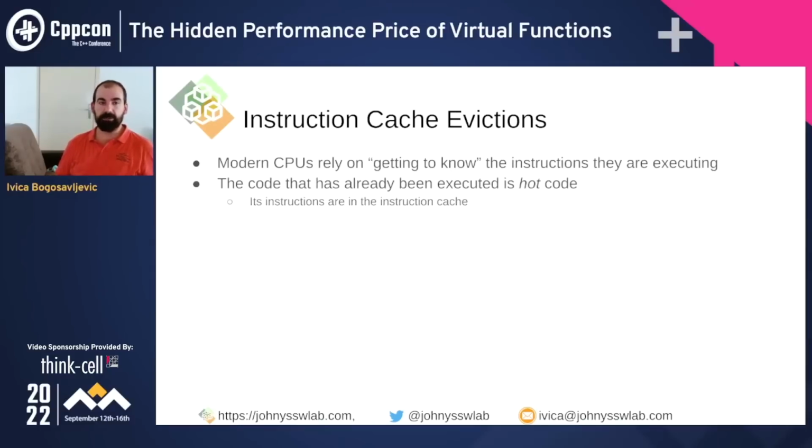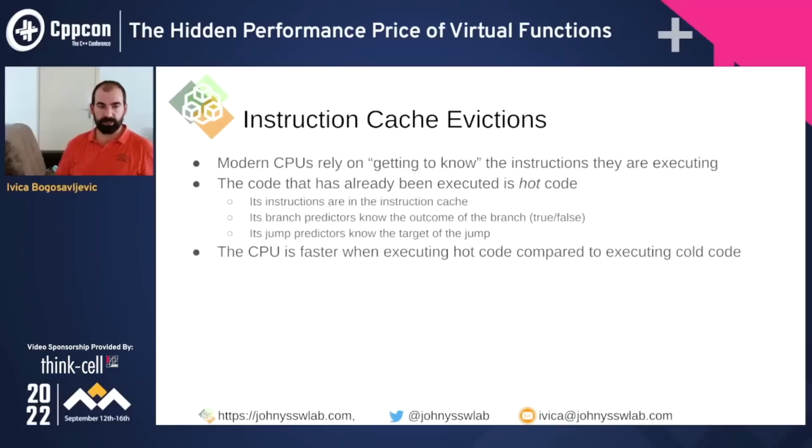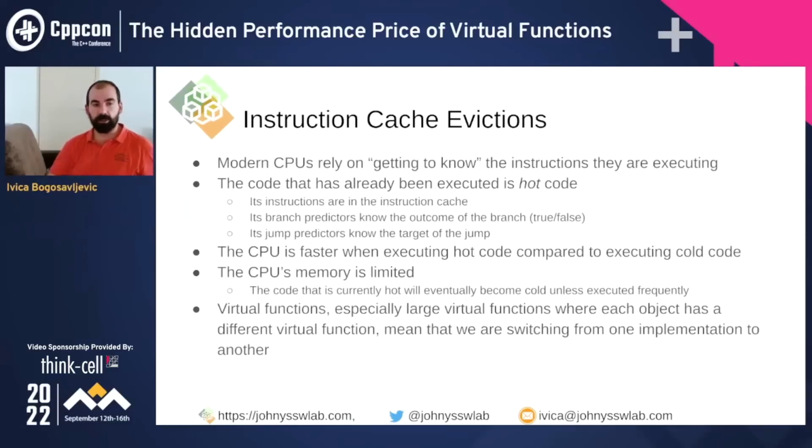Now, the next reason why virtual functions are different in performance compared to non-virtual functions is called instruction cache evictions. Okay, so what are instruction cache evictions? Modern CPUs rely on getting to know the instructions they're executing.